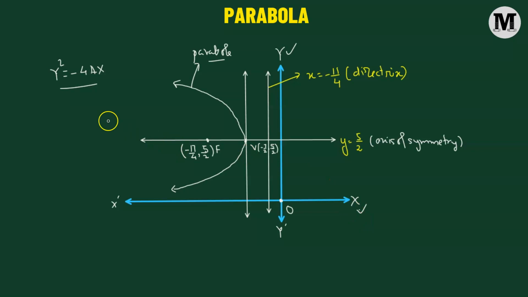But we also used the transformation: when we shift the origin from O to O prime, the shift was x plus 7 over 2 equals X and y minus 5 over 2 equals Y. So that's why our vertex has shifted to negative 7 over 2 comma 5 over 2. This is how we are easily able to obtain the focus, the vertex, the equation of the directrix, the axis of the parabola, including the length of the latus rectum.